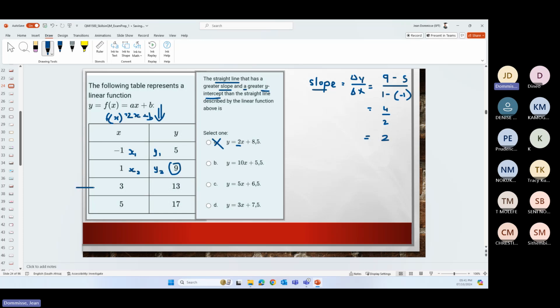So we can use any one of these four numbers and put it back into that original formula that we have: y is equal to 2x plus b. So let's put this one in. Y is 13. Again, you can use any one of those points.